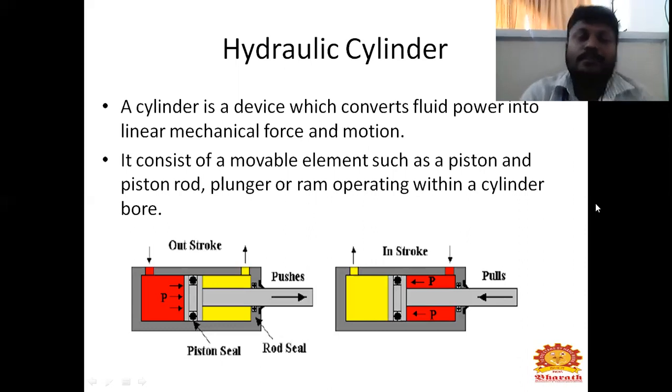It consists of a movable element such as a piston, and that ash colored thing is called a piston, and piston rods, plunger, or a ram operated within the cylinder bores can also be used.